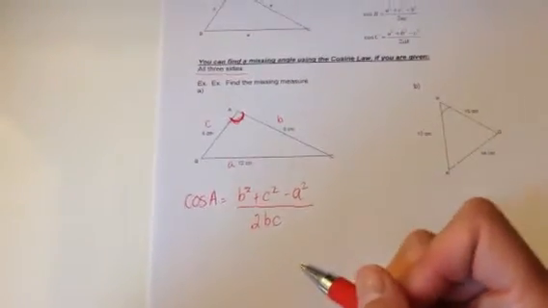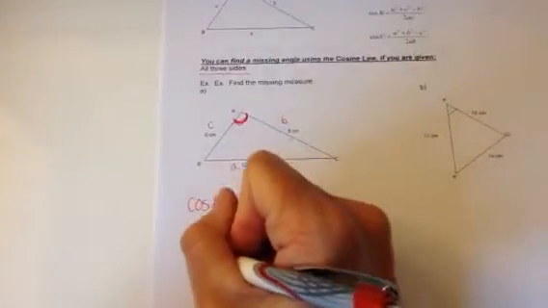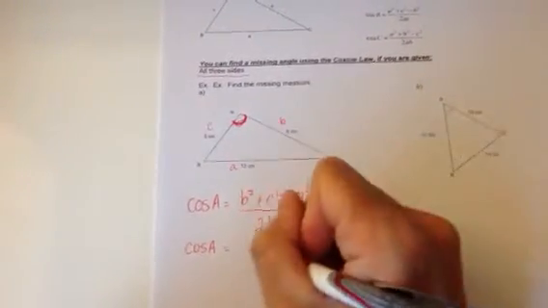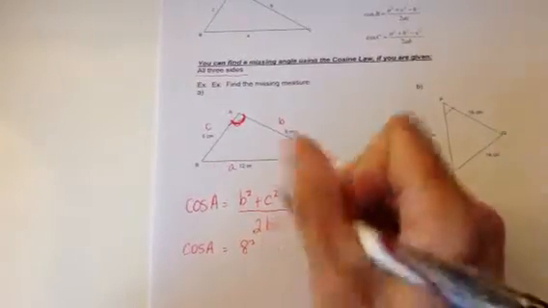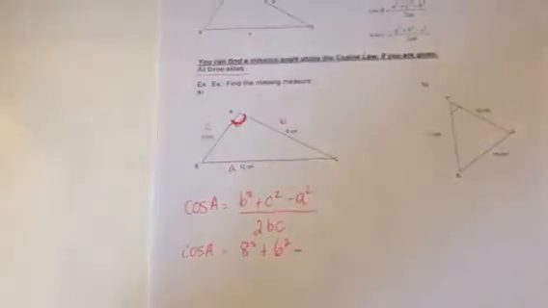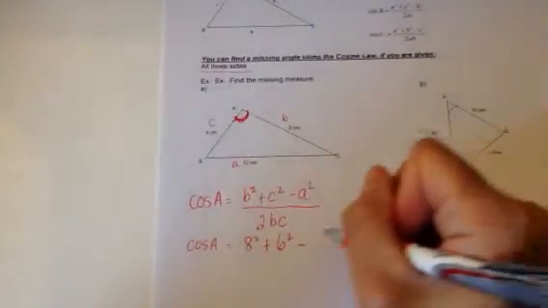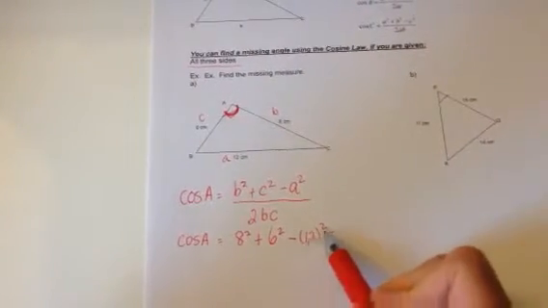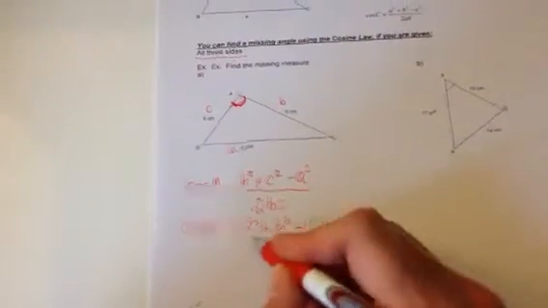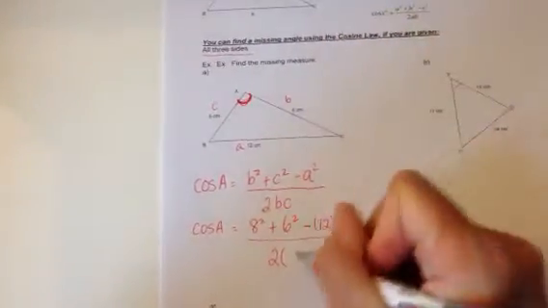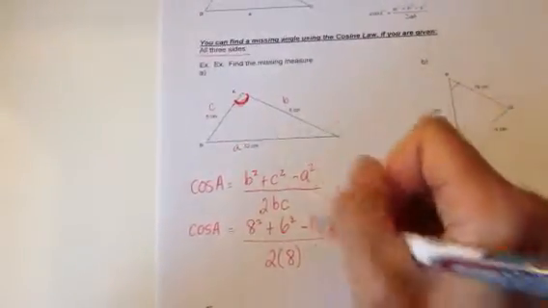Okay, from here we just need to plug everything in. So cos of A is equal, our b is 8 squared, our c is 6 squared, minus our 12 squared. Remember that you have to figure out what 12 squared is first before you put in the minus. 2 times your b is 8 and your c is 6.